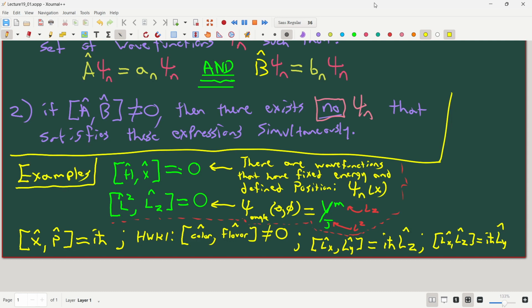Okay. So we've mostly expressed our understanding of angular momentum for an electron bound to a proton. We have two operators that we can measure, the magnitude and the z direction.